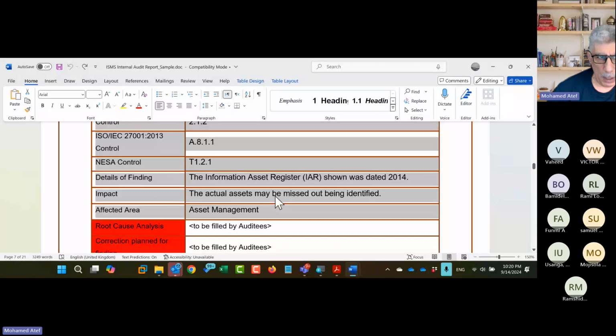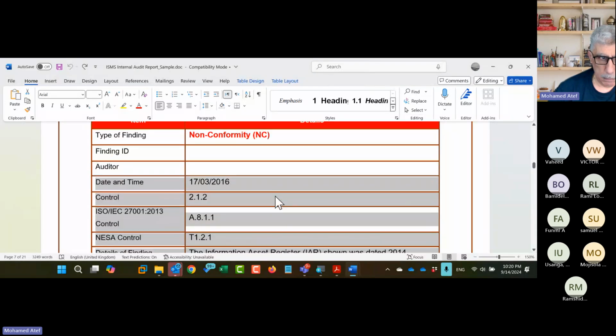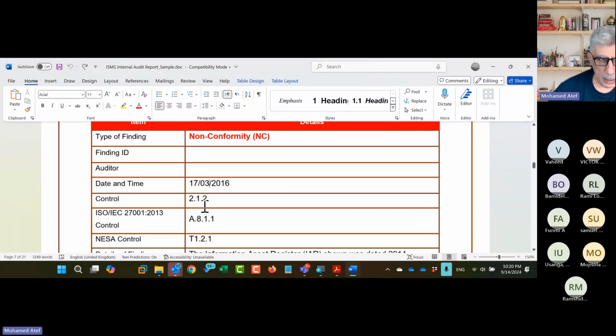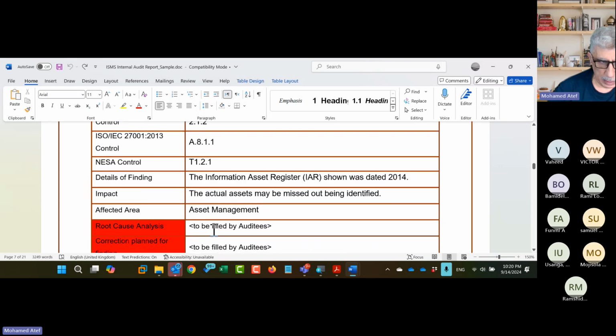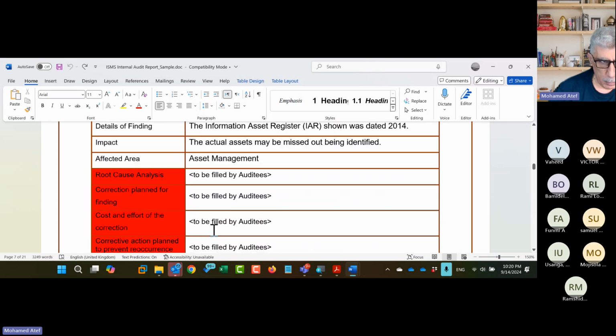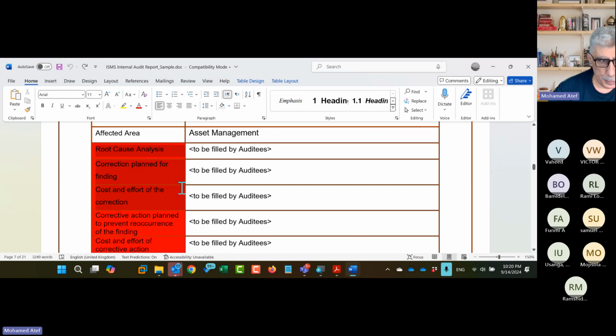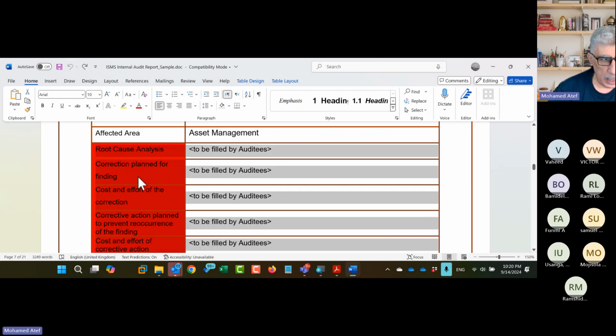This part is my finding, and it has to be done this way. You have to write the date of the finding and all the controls that were breached by this finding, the finding detail, and the affected area. The part here that is written in red needs to be filled in by the company itself or by the department itself.